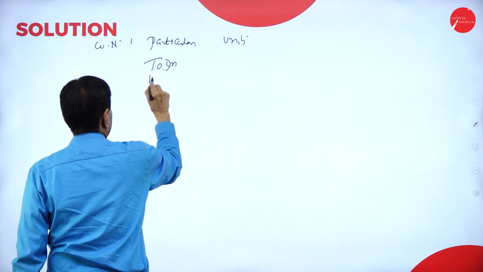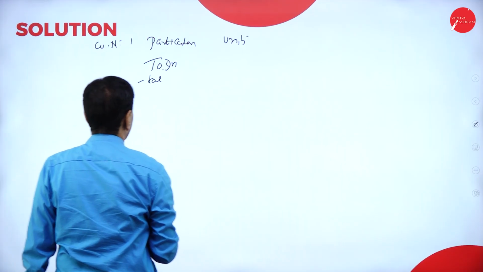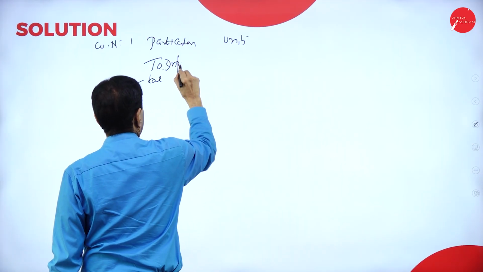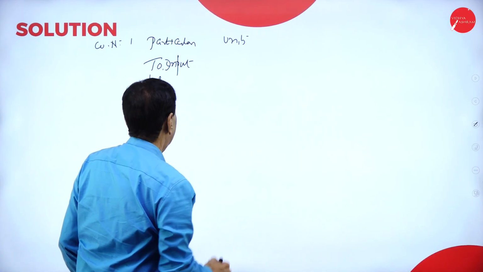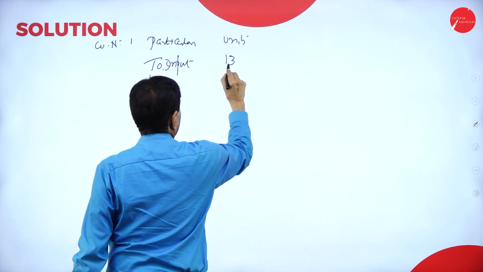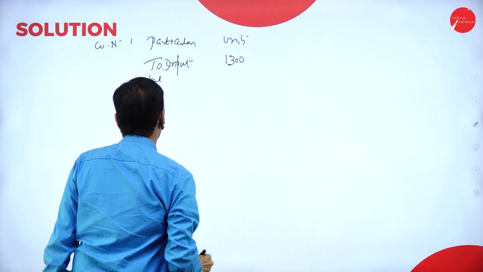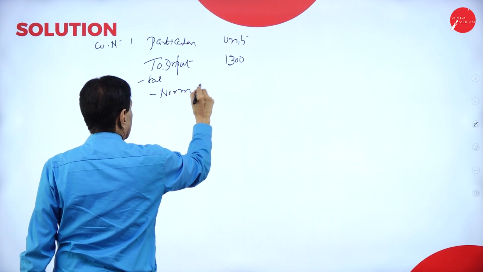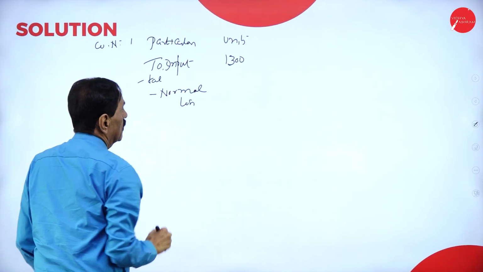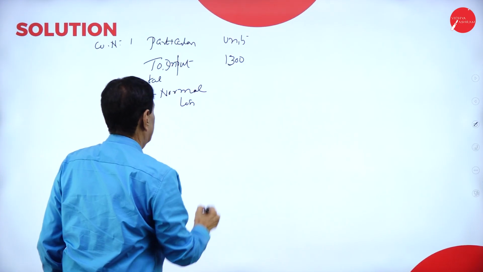Total input, how many units? 1300, minus normal loss, how many units? 26.